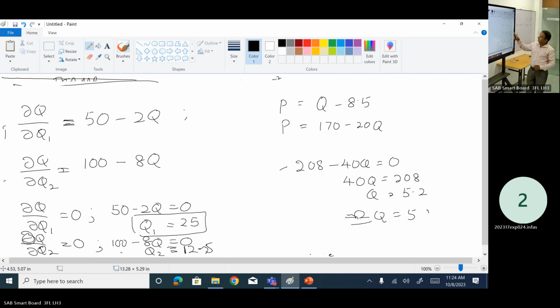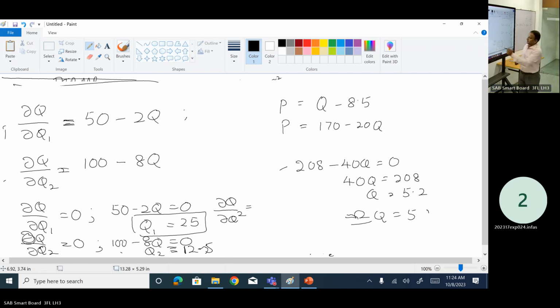Because we take the marginal profit function, you can take the second derivative of this, the second partial derivative with respect to Q1 square. If you differentiate again this function, what is it?